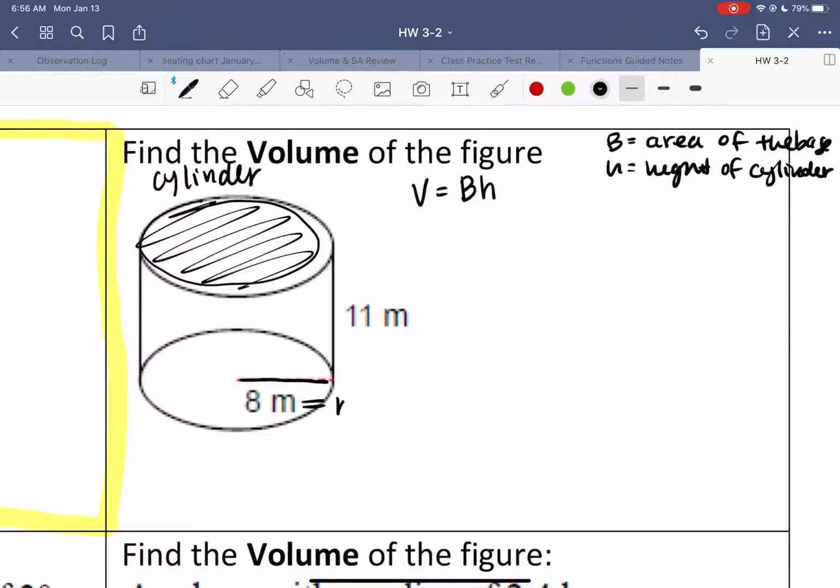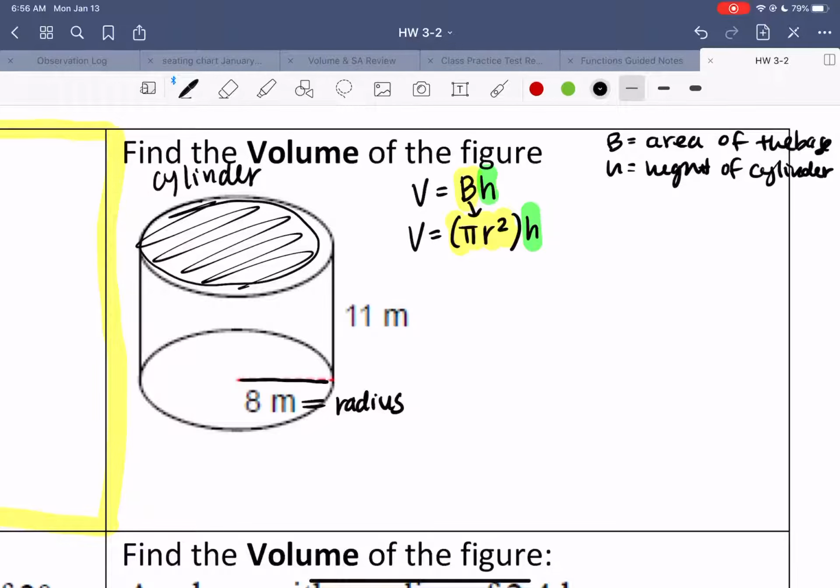This equals our radius. So where are we going to use that? We're going to then substitute V equals pi r squared. So that right there is the base. This is your base formula, and then we still need to include our height. So that's what our formula is going to look like.